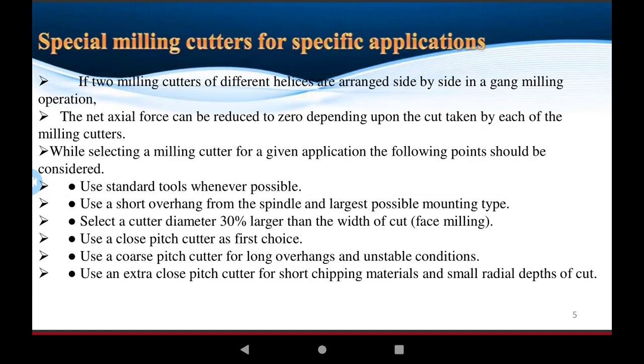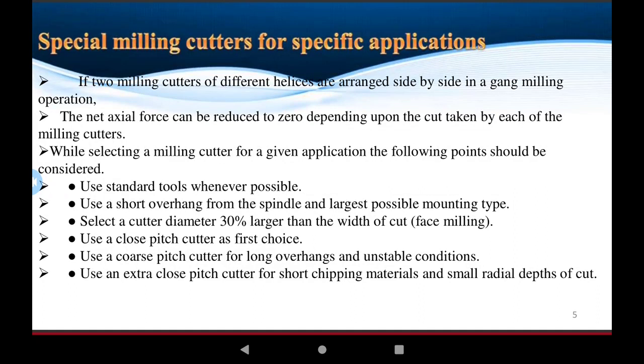Two milling cutters of different helix are arranged side by side in a gang milling operation. The net axial force can be reduced to zero depending upon the cut taken by each of the milling cutters.